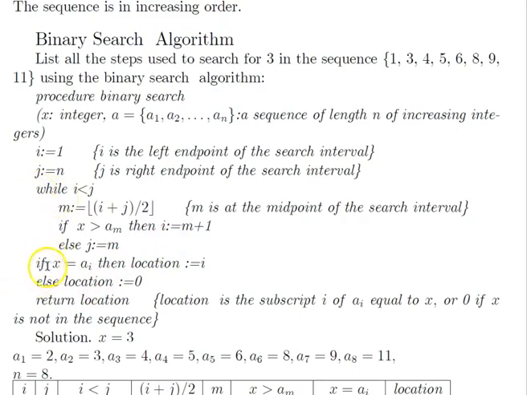At the end of the while loop, this if statement is executed. If x is equal to a sub i, then location is i, else the location is 0. So let's see how this algorithm is executed for this input.